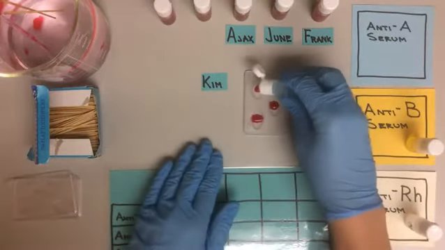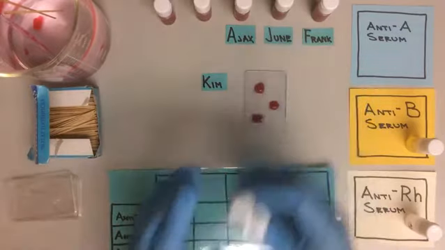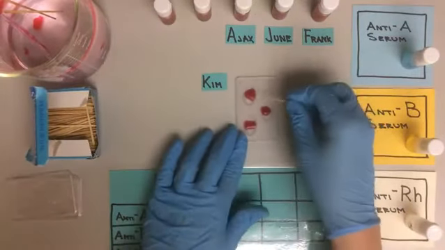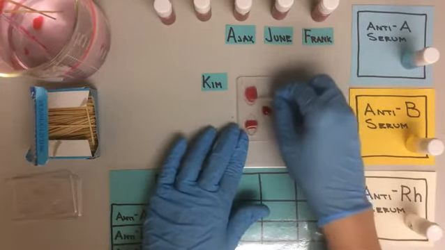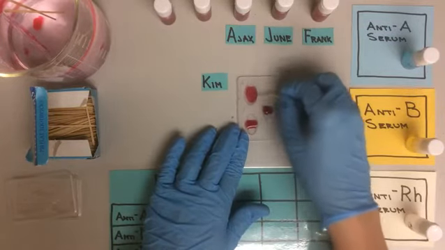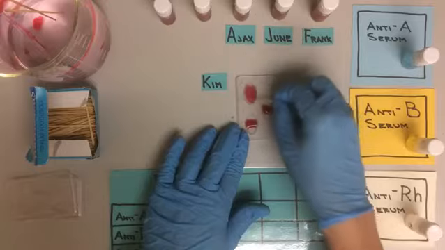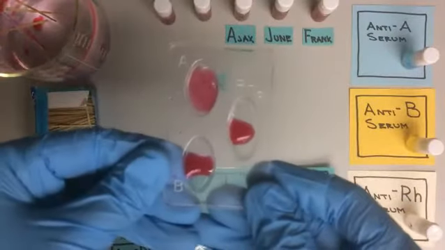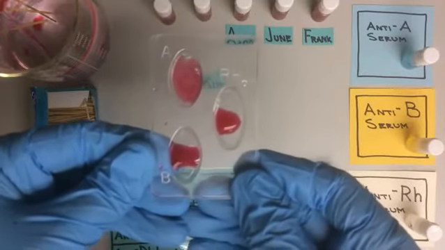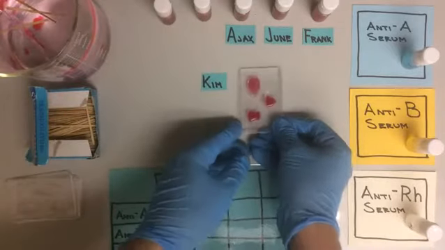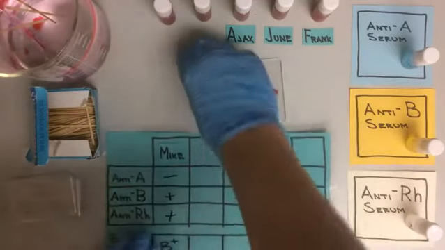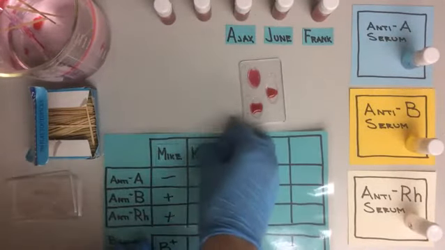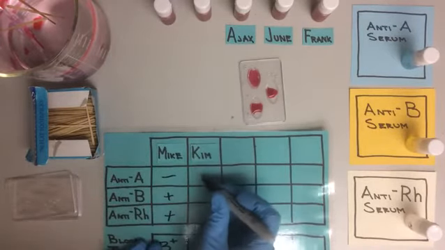With anti-A, we see that there is clumping. Agglutination has occurred. So Kim is positive for anti-A.